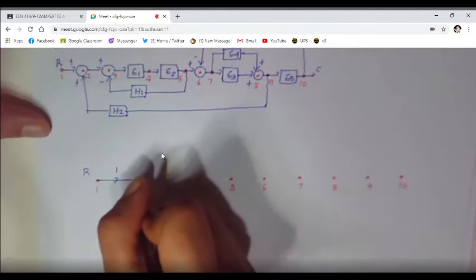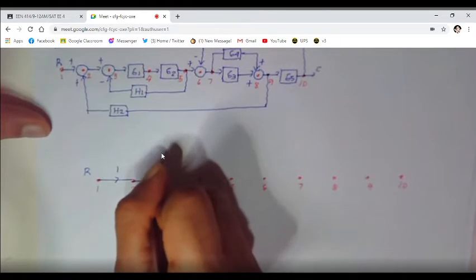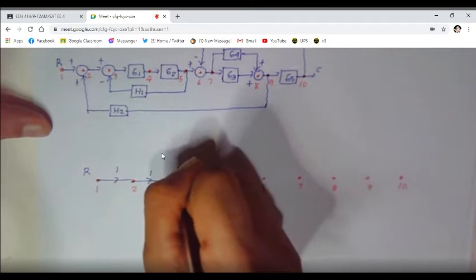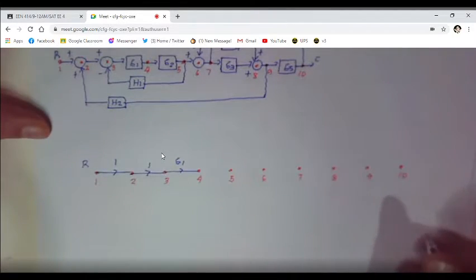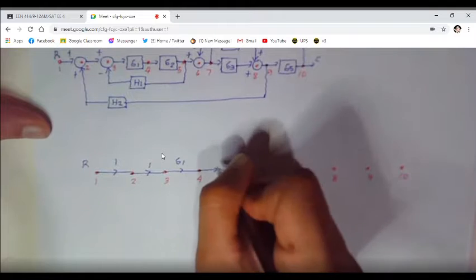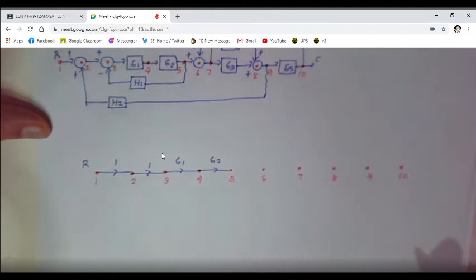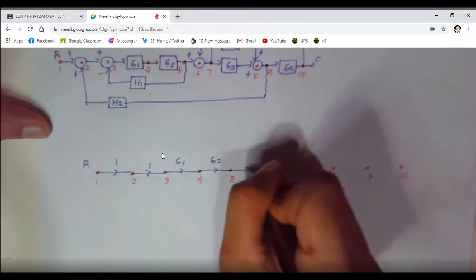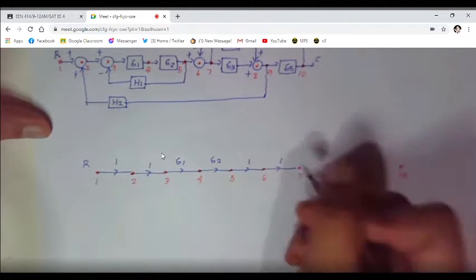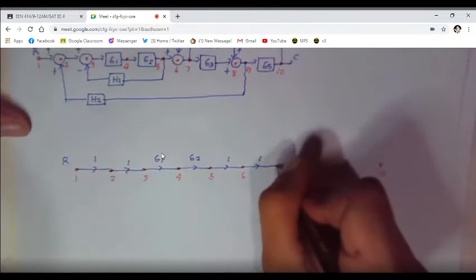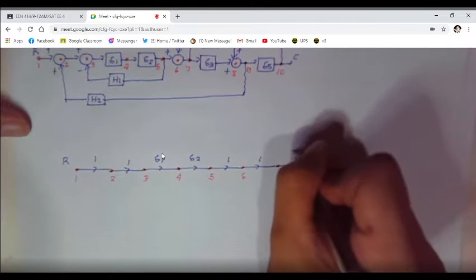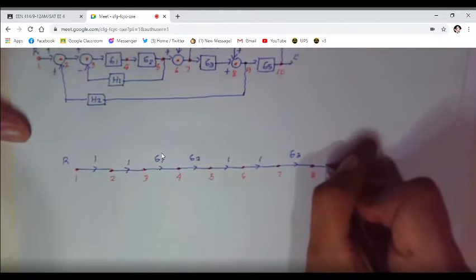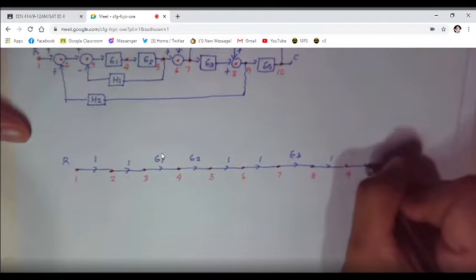Between 2 and 3, so 1 din. 3 and 4, so we have G1. 4 and 5, so you have G2. 5 and 6, and 6 and 7, so you have 1, then 1. 7 and 8, so we have G3. 8 and 9, so you have 1. 9 and 10, so you have G5.